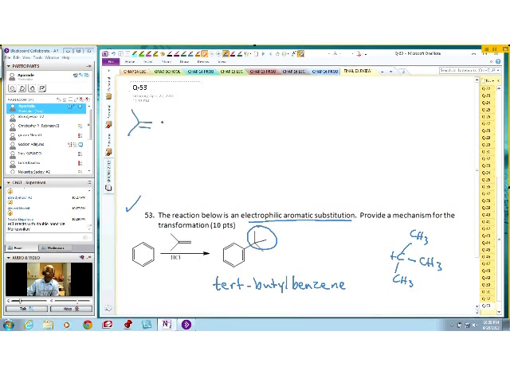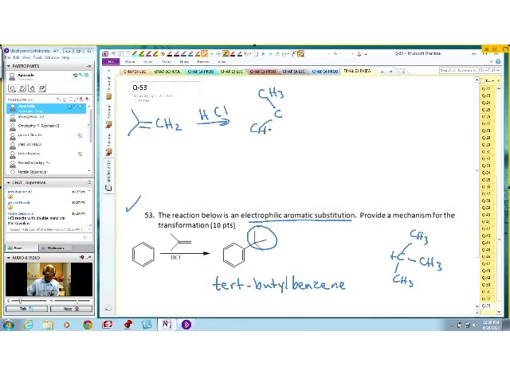Okay, so we start with this here. The first thing you want to do is to form your electrophile. HCl adds to isobutylene right here in a Markovnikov addition. So now you have this.